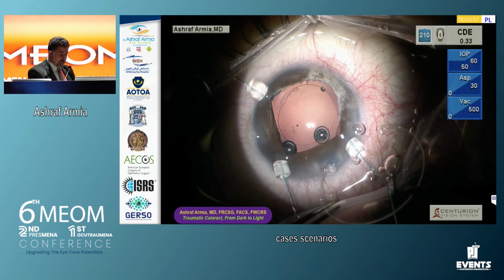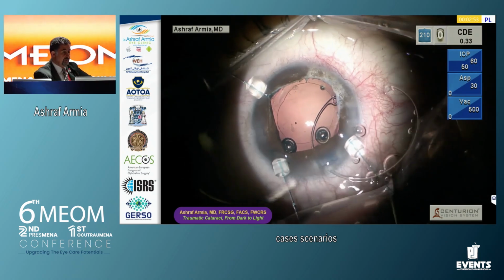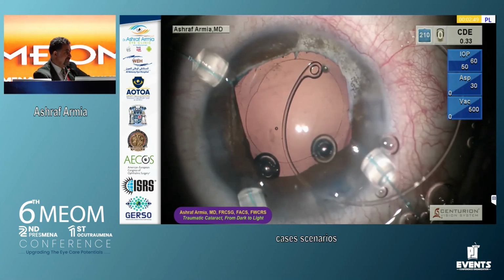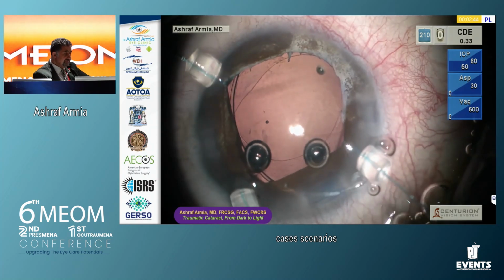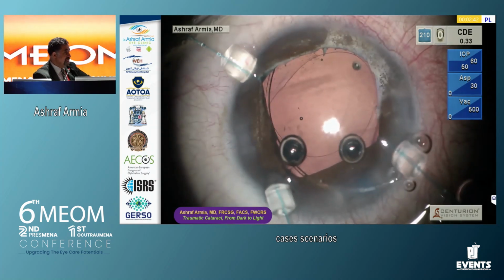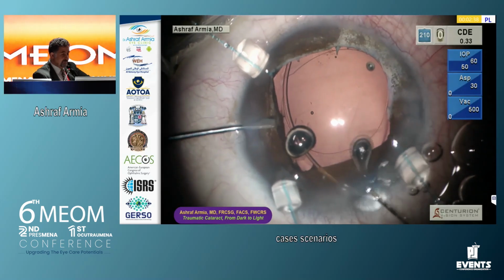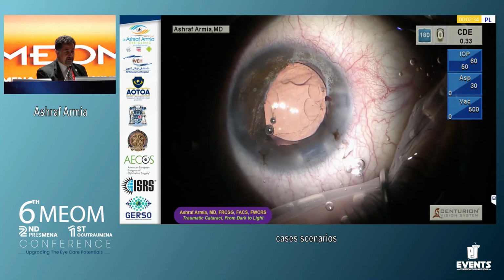Either you have zonulolysis or not, this is crucial in long-term trauma with damage inside the eye. I love the manual. I don't like the autosert because I love to guide it. But sometimes it can happen that you cannot properly put the lens inside the eye like this. But I did. I succeeded.